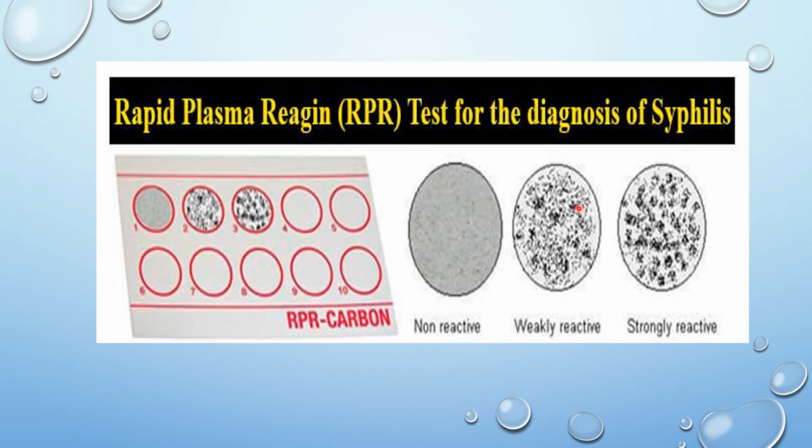If weak floccules are formed, the reaction is weakly reactive and we report it as weakly reactive. If strong clumps are formed, we give a strong reactive result. This is how we perform the RPR test for diagnosis of syphilis. This is a card test, and this is an example of a slide flocculation test.